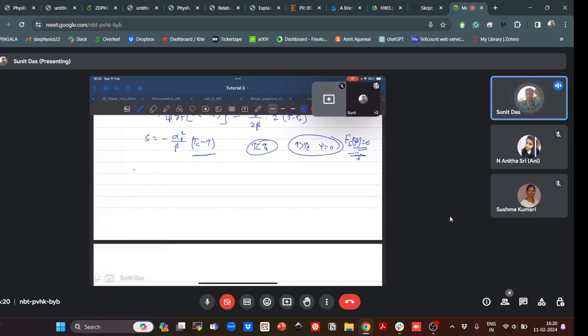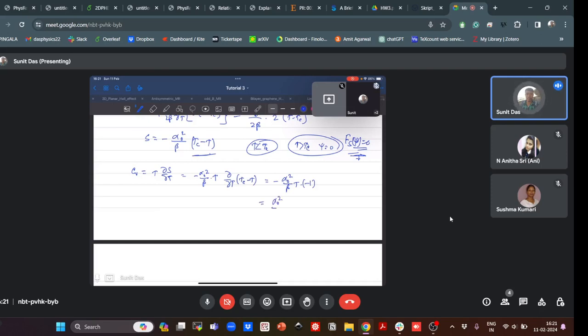Okay, then we'll evaluate C_V. C_V was T ∂S/∂T. That means minus alpha_0 squared by beta T ∂_T of (Tc minus T), which is minus alpha_0 squared by beta T into minus 1.